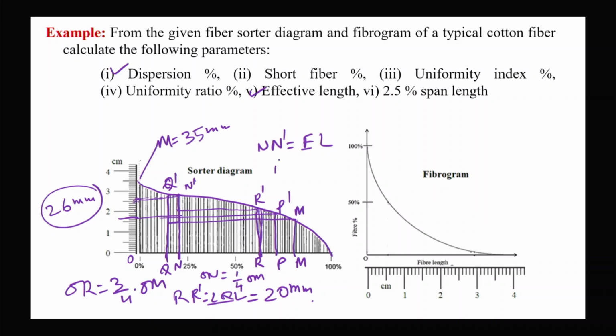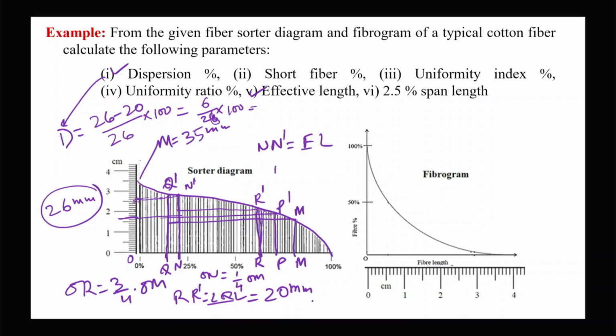So interquartile range will be 26 minus 20, and dispersion percent, as per definition, is 26 minus 20 by 26, so 6 by 26.